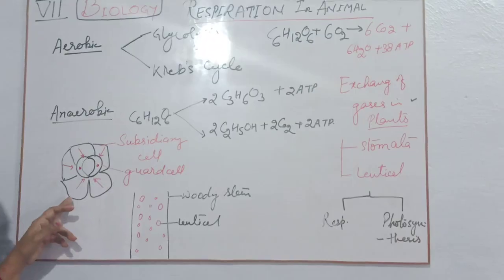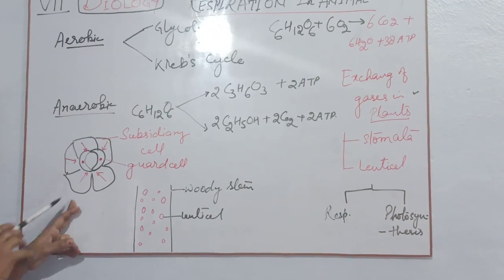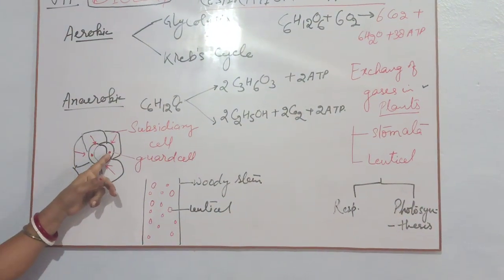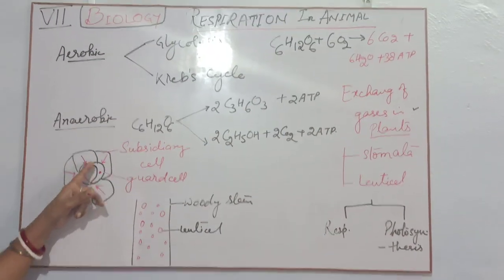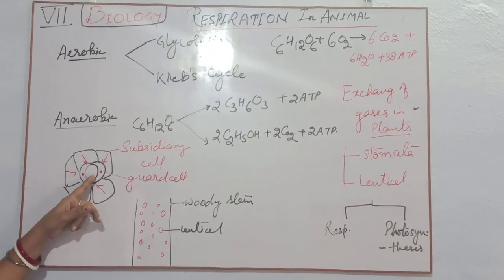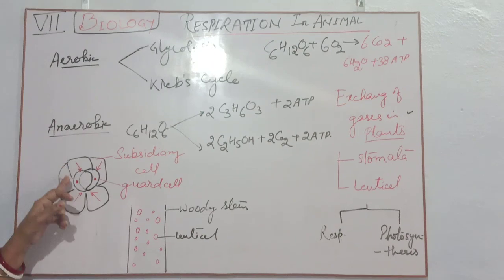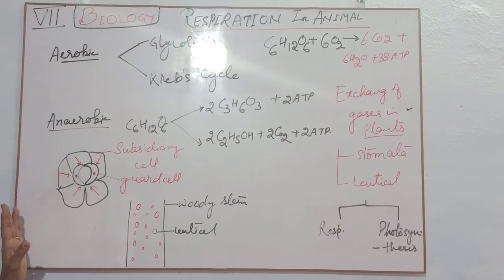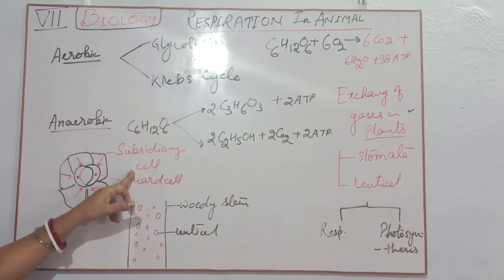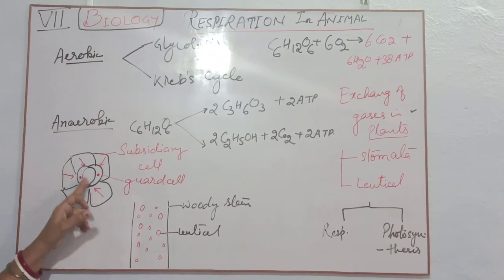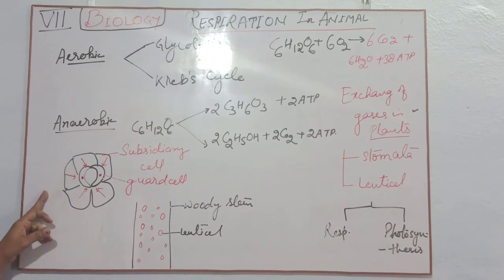Now come to the structure of stomata. See, these are the guard cells, I labeled them here. These are bean-shaped or kidney-shaped structures. They have one nucleus and some chloroplast in them. These are the subsidiary cells, present in the surrounding area of the guard cells.